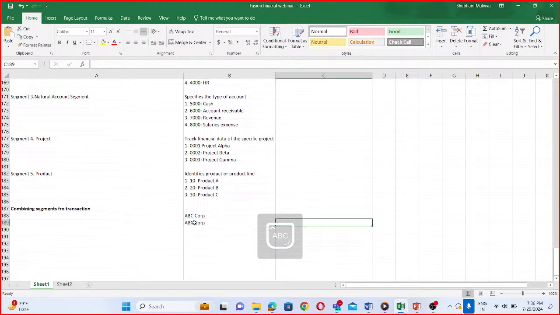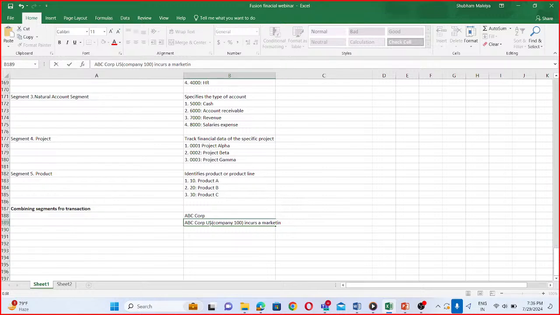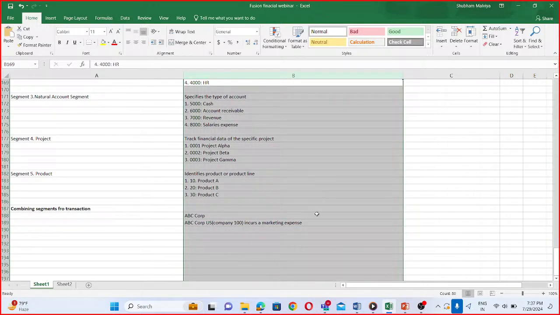Let's say ABC Corporation, that is located in US, company code 100, incurs a marketing expense. From this example you will clearly understand why we are making the segments.